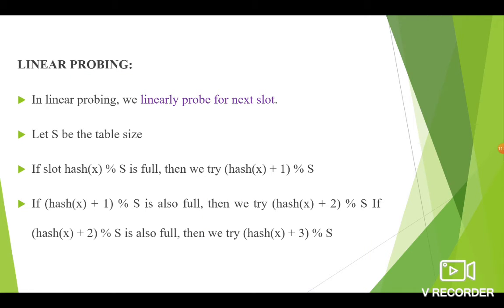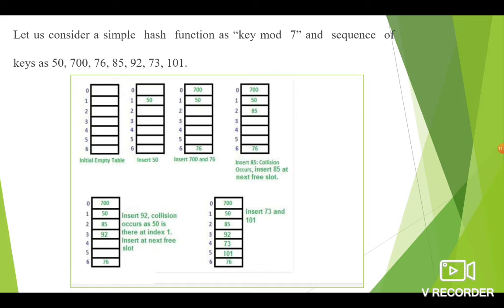How are we solving this with the help of linear probing? If the slot is full, you have to move to the next location. So I am searching for the next available free slot. Since 2 is a free slot, you can use that location to store 85. Again, I am inserting the value 92.